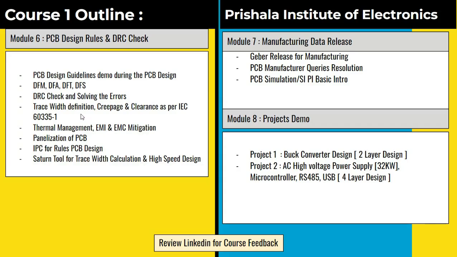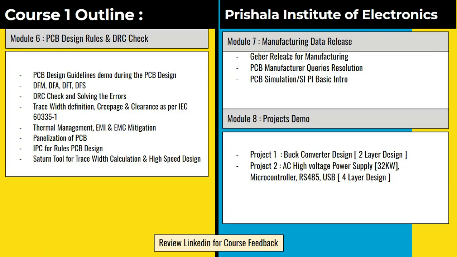Then we're gonna talk about the trace width definition, creepage and clearance as per IEC 60335-1. Then we're gonna talk about thermal management, EMI and EMC mitigation techniques. What is panelization? We're gonna talk about the different IPC rules which you have to follow for PCB design, and we're gonna also show you the Saturn tool for trace width calculation and high speed design kind of thing.